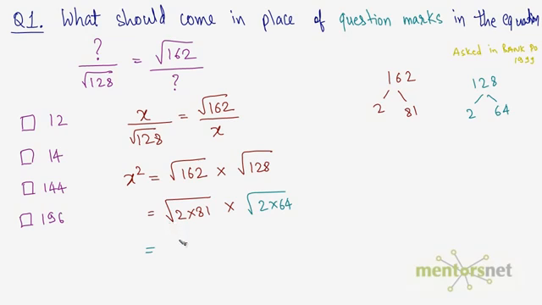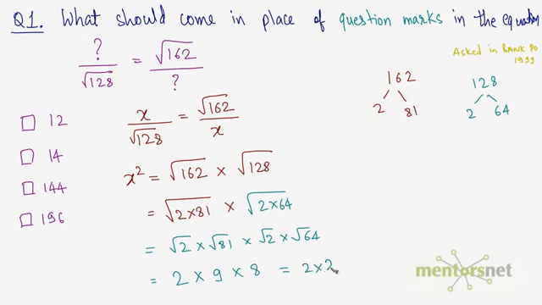So this is equal to root 2 times root 81 times root 2 times root 64. Root 2 times root 2 gives you 2, root 81 gives you 9, root 64 is 8. This is equal to 2 times 9 times 8. So 9 times 8 is 72.